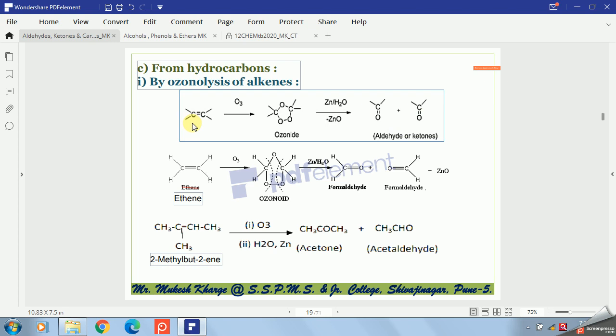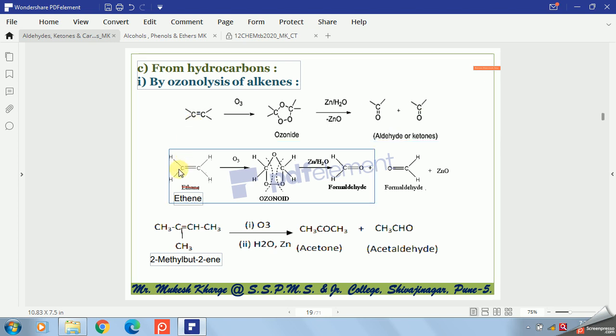If your alkene contains at least one hydrogen on each carbon of the double bond, then we get aldehyde. If it does not contain hydrogen, it contains only alkyl groups, then we get a ketone as a product. So let us see the example.